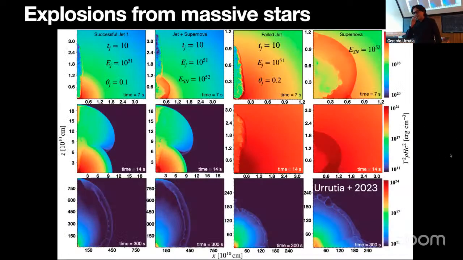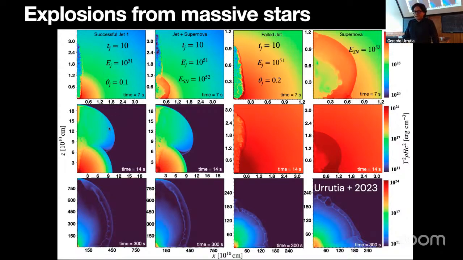Here I show an example of how these explosions can be modulated. But I want to say that these explosions are not self-consistent with the central engine accretion activity. Here, for example, is work that we performed some years ago, where we impose by hand, by strong jump conditions, a successful jet crossing a star, which is this first column.